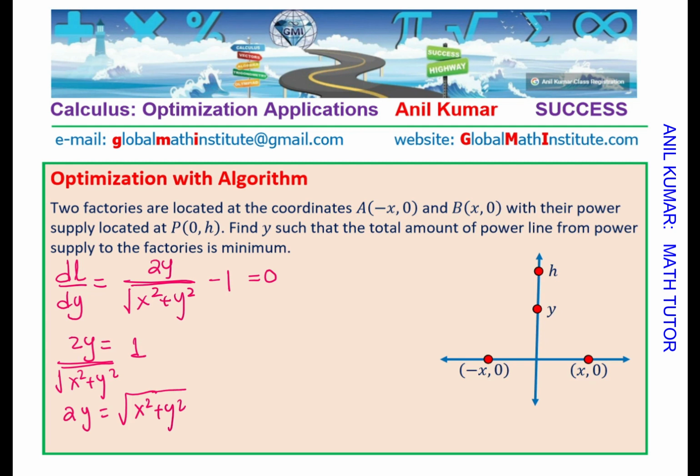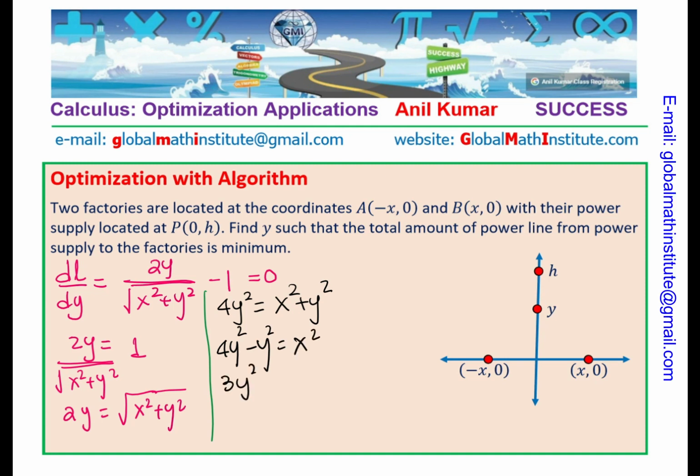Now to find this value, I'm going to square both sides. So we get 4y squared equals x squared plus y squared. So 4y squared minus y squared is x squared. So 3y squared equals x squared, and y will be the square root of x squared over 3, correct? So that gives us a critical number.